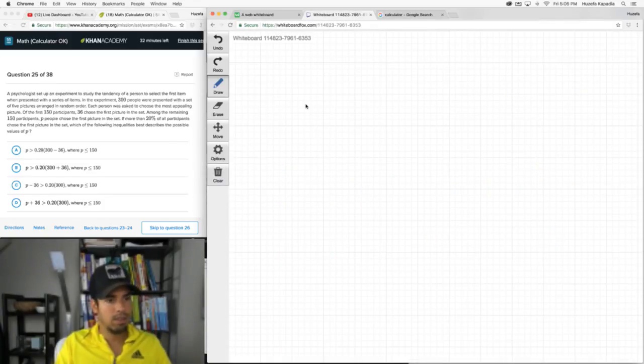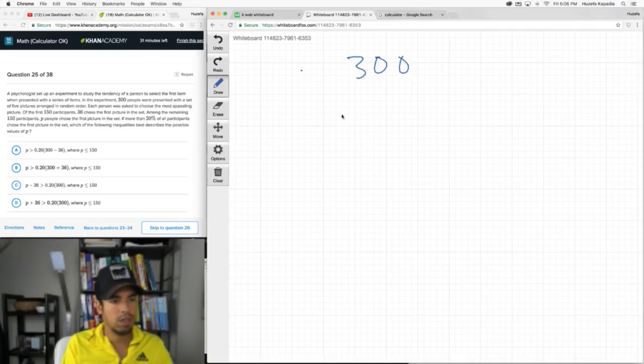So 25, it says a psychologist set up an experiment to study the tendency of a person to select the first item when presented a series of items. In the experiment, 300 people were presented with a set of 5 pictures arranged in random order. Each person was asked to choose the most appealing picture. Of the 150 first participants, 36 chose the first one. Among the remaining 150, P people chose the first one.